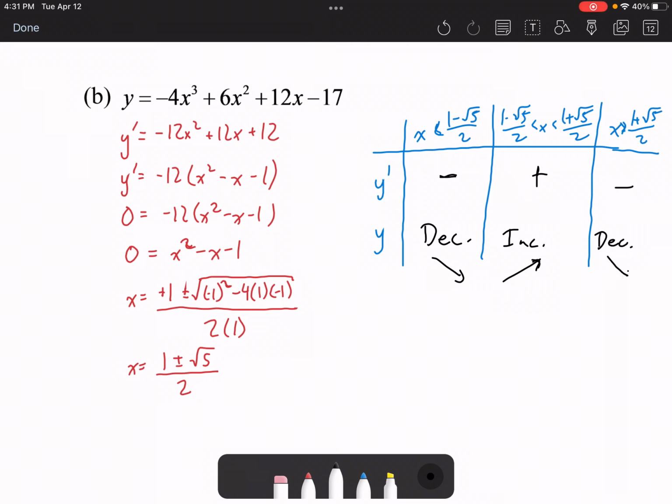So that way it's going to be decreasing. As you know what most cubic functions with leading negative coefficients look like, it looks like an S shape, like this, which follows the decreasing, increasing, decreasing pattern. And so, therefore, we found out where this function is increasing and where this function is decreasing.